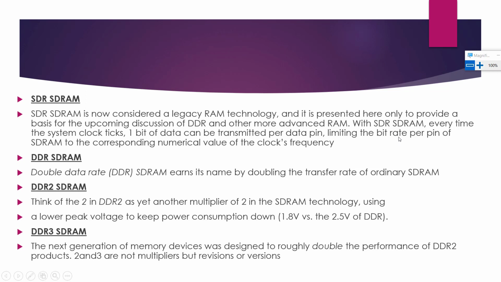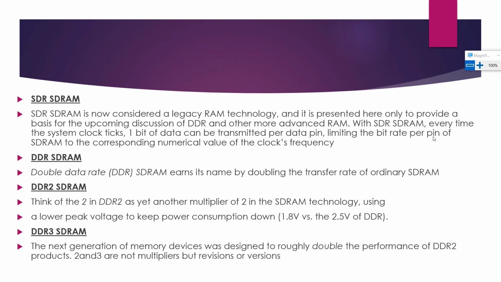Limiting the bit rate per pin. How many pins are there? There was a set of 168 pins, and there was another with 240. So this is the 240-pin standard. Now you will see 240 pins.